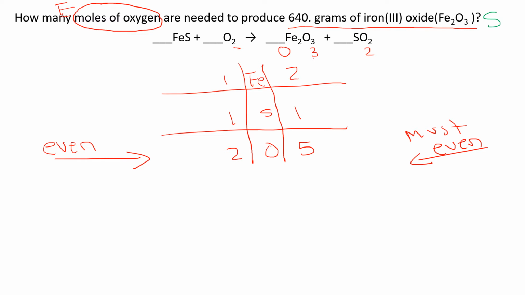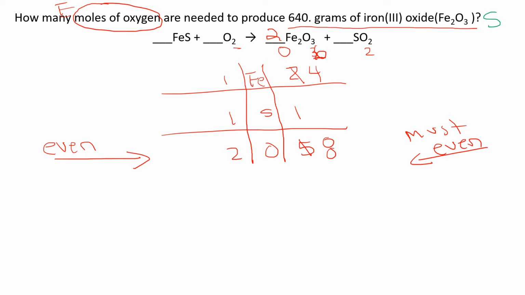Since this is 3, anything added to an odd number is going to give you an odd number. So I know that I have to put a 2 in front of there to make that 6. Okay, so now I'm going to change this to 8. And this will change this to 4.